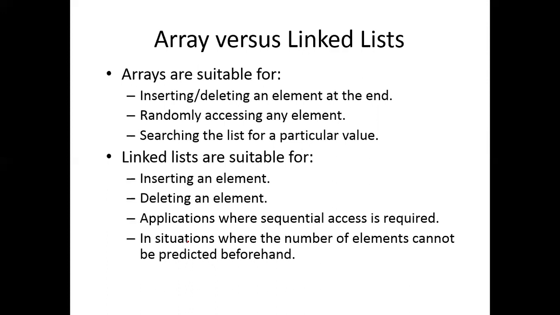But in a linked list, based upon the memory space available, it will allocate each node using dynamic allocation, and after that it will connect them like a chain. So that's the difference between an array and a linked list.